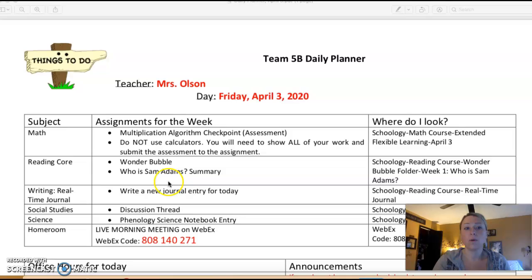For reading core today, your Wonder Bubbles were due, so if you are late on that, make sure you get your Wonder Bubble turned in. Your Wonder Bubble is actually turned in on a discussion thread in that same folder. So when you're looking at those folders, make sure you're pausing and looking through each thing in that folder, because I'm noticing that some of you are uploading assignments to the wrong thing.